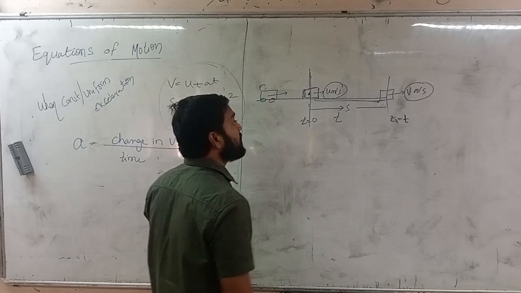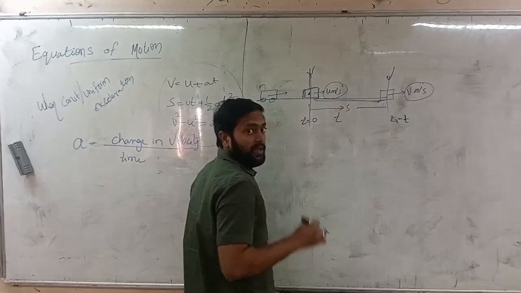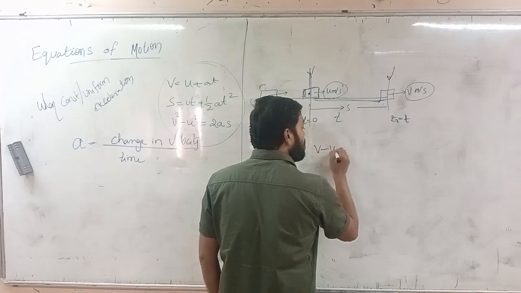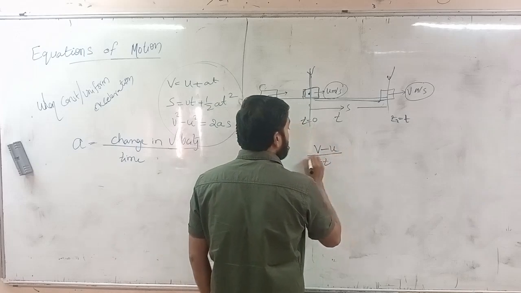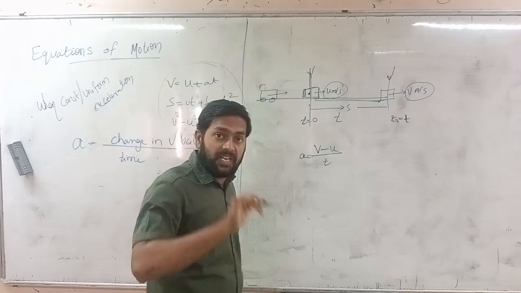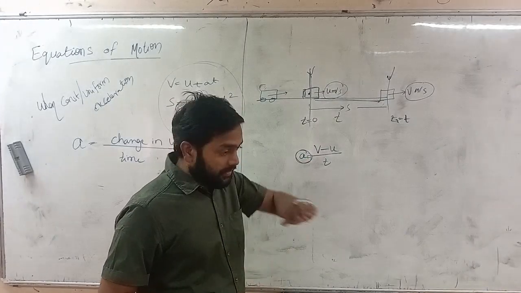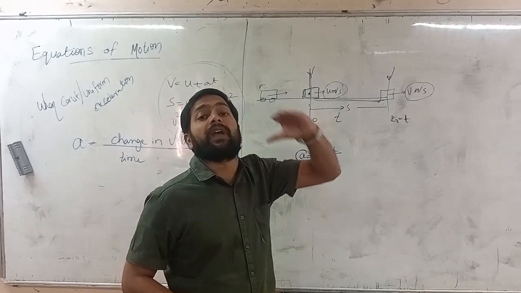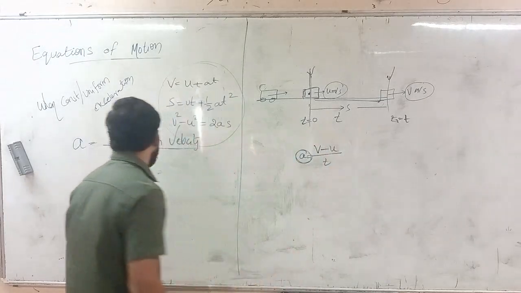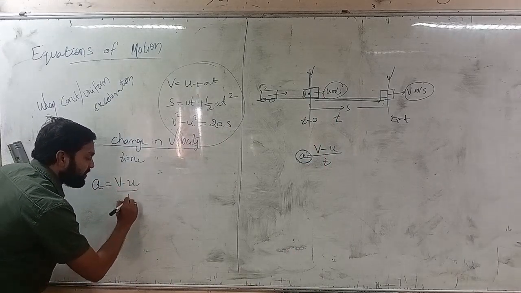Here, change in velocity means final velocity minus initial velocity. Change means final minus initial. So final velocity minus initial velocity by time taken is equal to acceleration. When we take constant acceleration, the change in velocity is equal in every equal interval of time. So acceleration a = (v − u)/t.